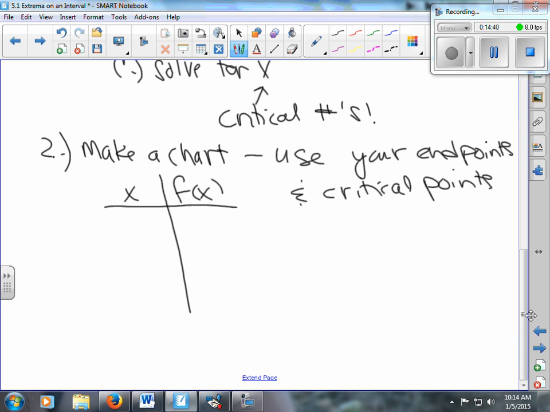So let's say your endpoints are A and B, and then let's say you got 2 critical points. So you use those 2 critical points. These are all x values. Then you plug them into your function, and you look at your results. And guess what the absolute maximum is? It's the highest one, and the absolute minimum is the lowest one.